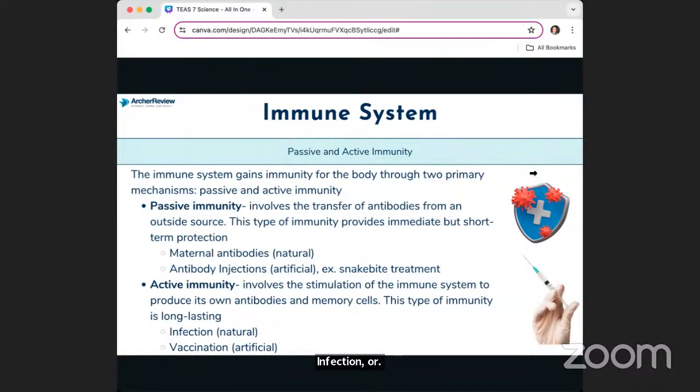So you acquire natural antibodies to help fight that off. Or you can get a vaccination, which is an artificial way of getting those antibodies. Still, you're getting a diminished or completely denatured protein. Your body recognizes it, makes its own antibodies, and has lasting memory of it, so it can fight it back in the future.